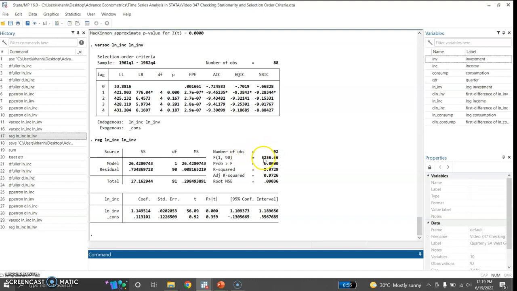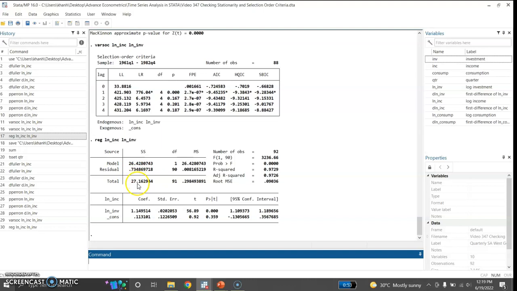The F statistic value is 3236.66, and its probability value is 0.00. So it means that the overall equation is significant. The R squared value is 0.97, that is 97% of the variation in the natural log of income is explained by natural log of investment. The adjusted R square is almost the same but a little less than R squared.